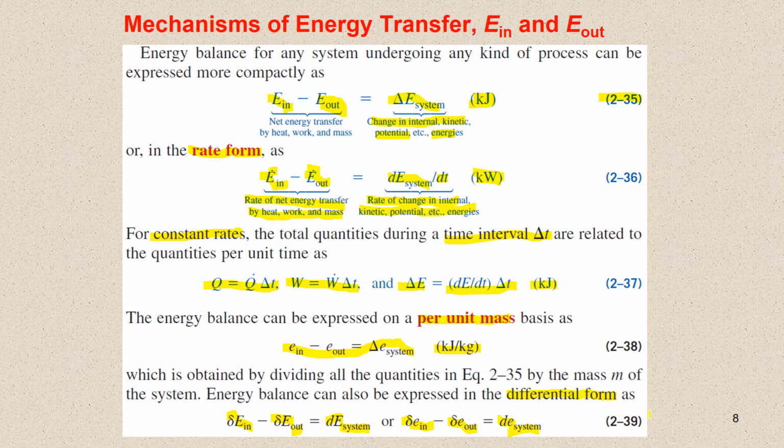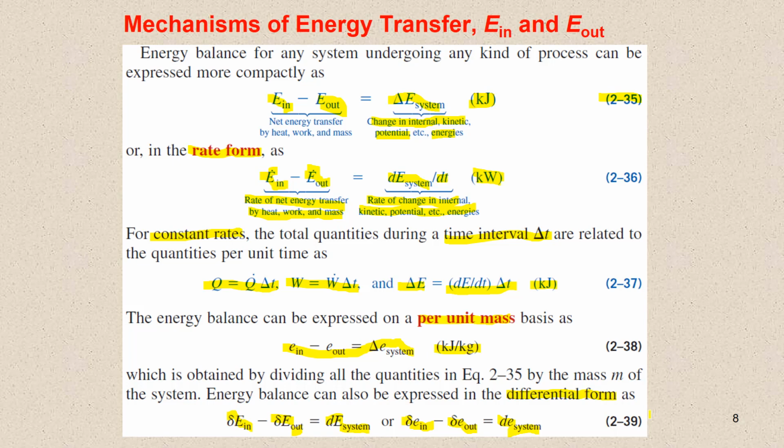For a closed system undergoing a cycle, the initial and final states are identical, and thus the total energy change of the system, delta E of the system, equals the total energy at state 2 minus the total energy at state 1, which equals 0. Then the energy balance for a cycle simplifies to E in minus E out equals 0, which also simplifies to E in equals E out.